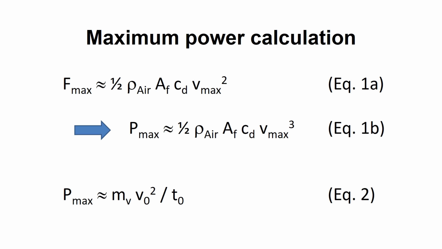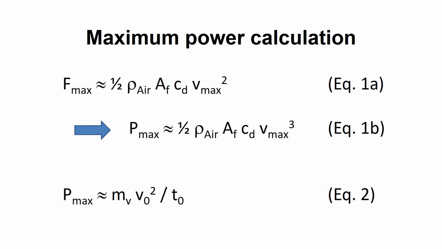If you assume that the only force that has to be considered is aerodynamic drag, rolling resistance is neglected, you get equation 1a. And to get the power from there, remember that power is equal to force times velocity, so the power needed for a high speed is as described in equation 1b.